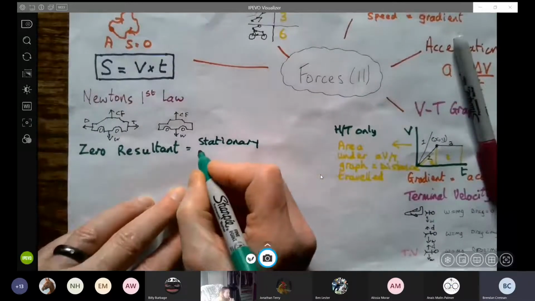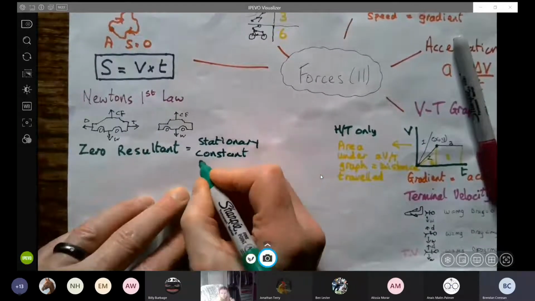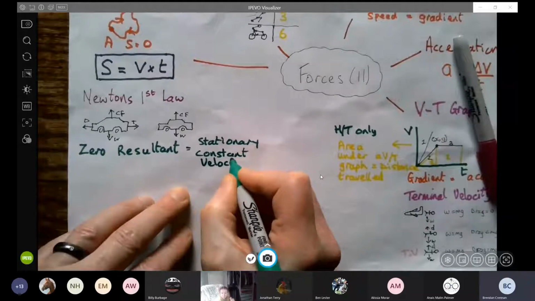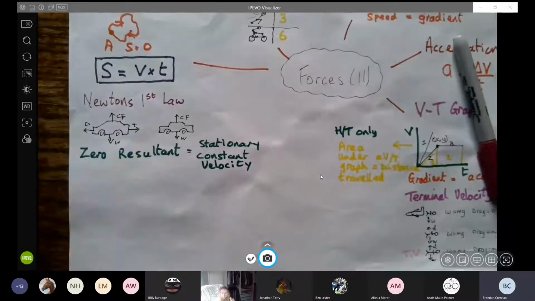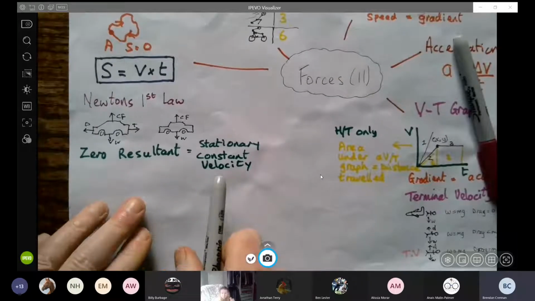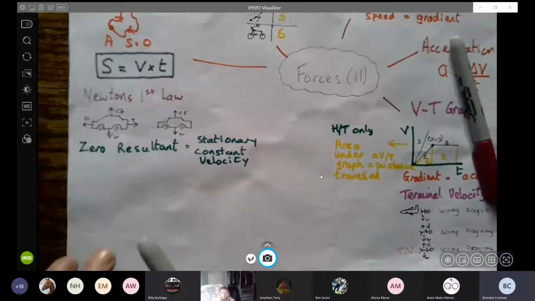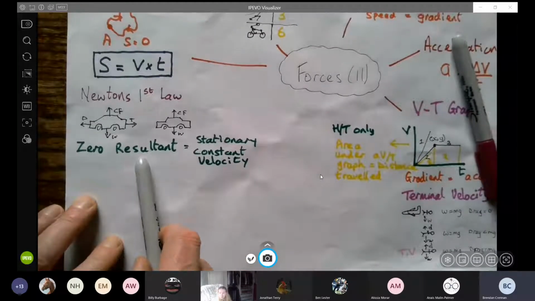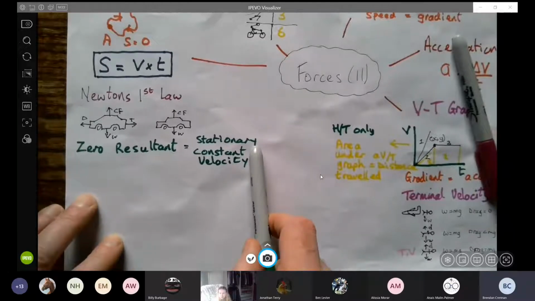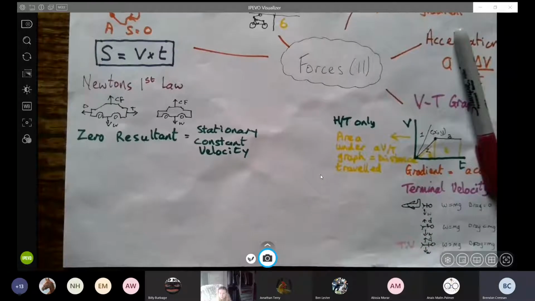Velocity, not speed. That's important. It's not in a straight line here, because velocity changes with a resultant force, as forces change direction as well. So Newton's first law basically says when we have zero resultant force, the object is either stationary or moving at constant velocity.